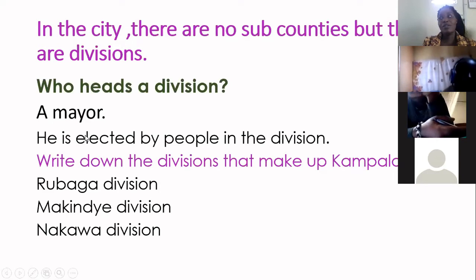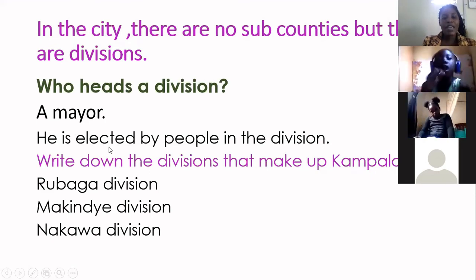Are we there, pupils? So the mayor is elected by people only in that division. For example, if we are in Nakawa, only the people in Nakawa division elect the mayor.